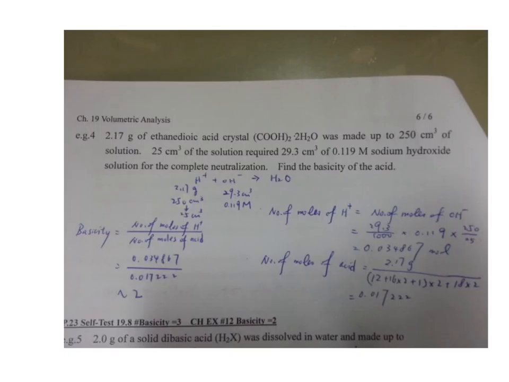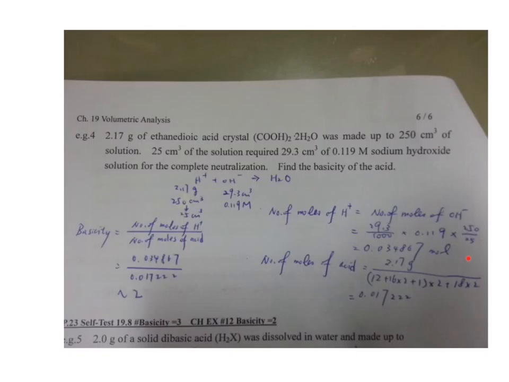So that's why we need to multiply by a factor in order to find out the number of moles of acid in 250 cm cube. Assuming that the solution is uniform, then we can assume that the number of moles of acid in 25 cm cube is 1/10 of the number of moles in 250 cm cube.